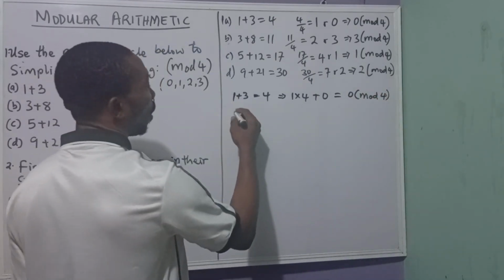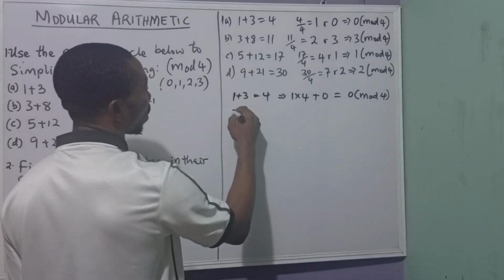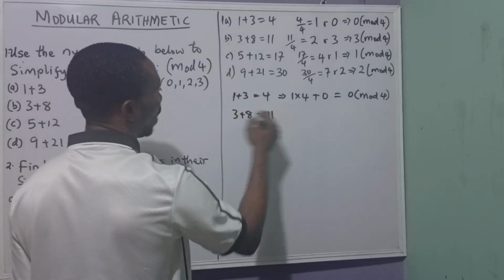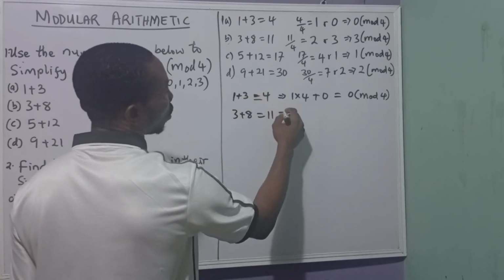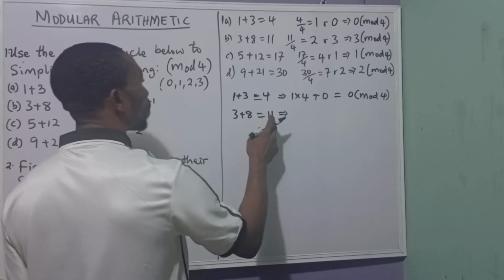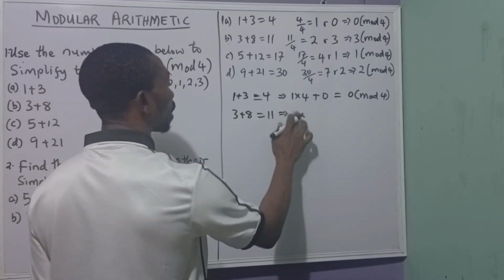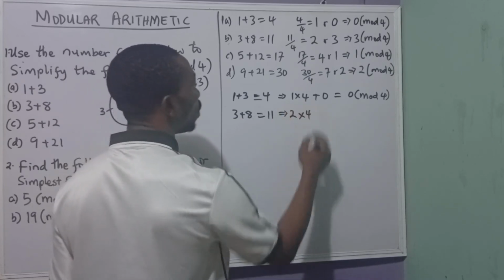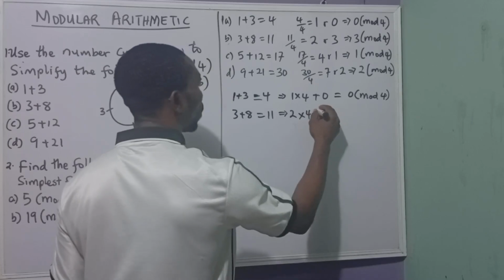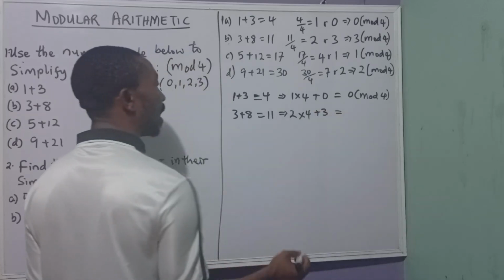Alright, now for D, which is 3 plus 8 equals 11. This will be 2 times 4, which gives us 8, and 8 plus 3 gives us 11.